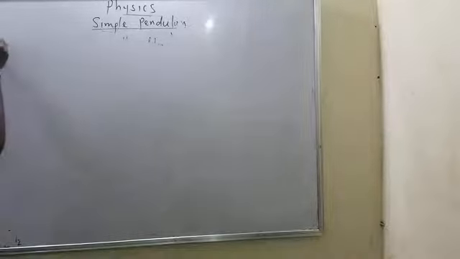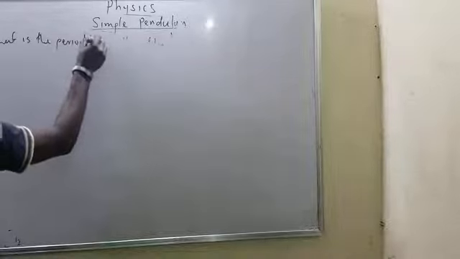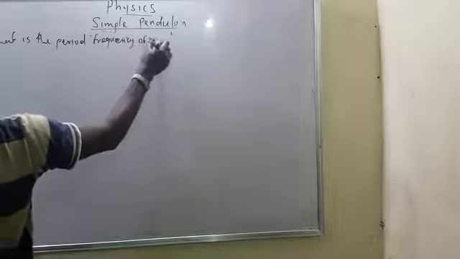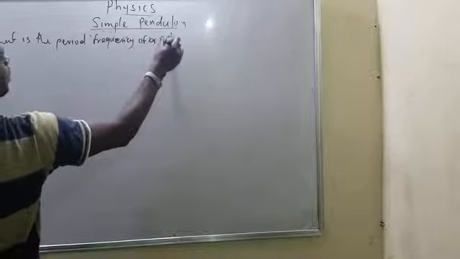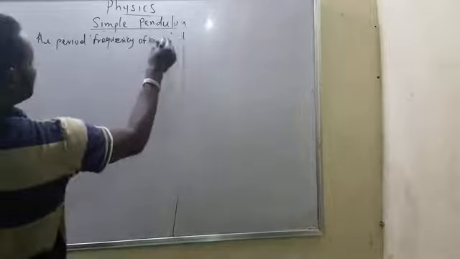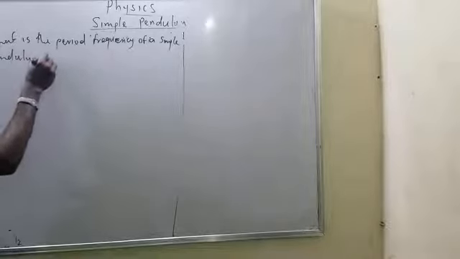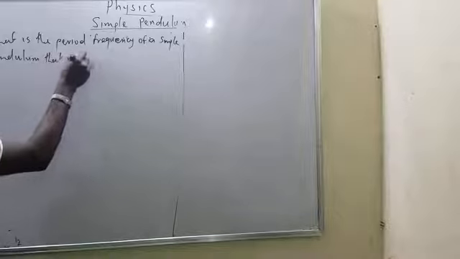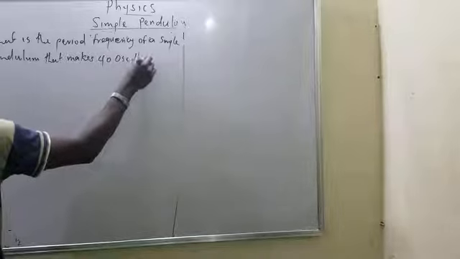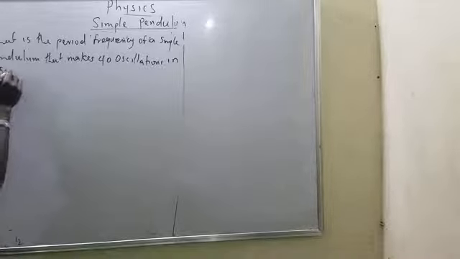For instance, what is the period and frequency of a simple pendulum that makes 40 oscillations in 35 seconds?